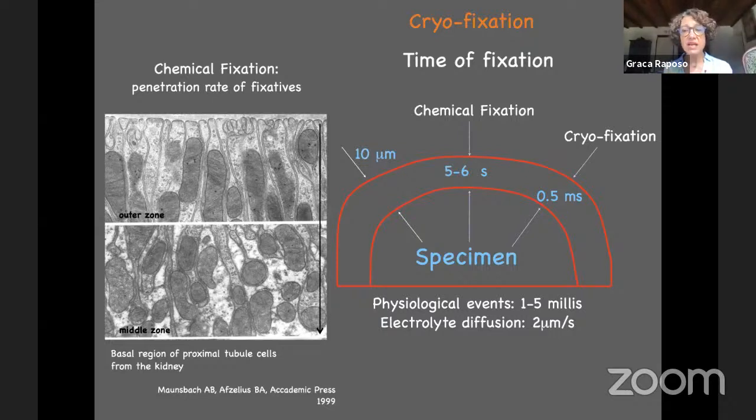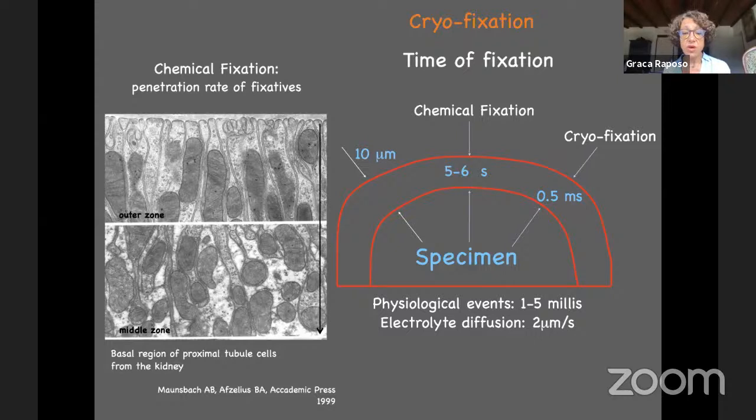So for that, you have cryofixation, which really started to be developed over 20 years ago. This cryofixation takes, at minimum, milliseconds to do, and you have physiological events that take 1 to 5 milliseconds.